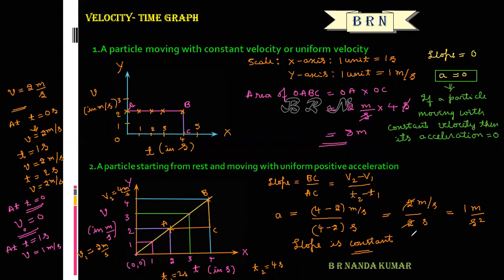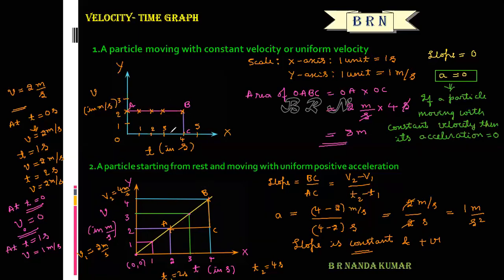Acceleration is constant and positive. The slope is constant and positive, that means acceleration is constant and positive. So this graph clearly shows a particle starting from rest and moving with uniform positive acceleration.